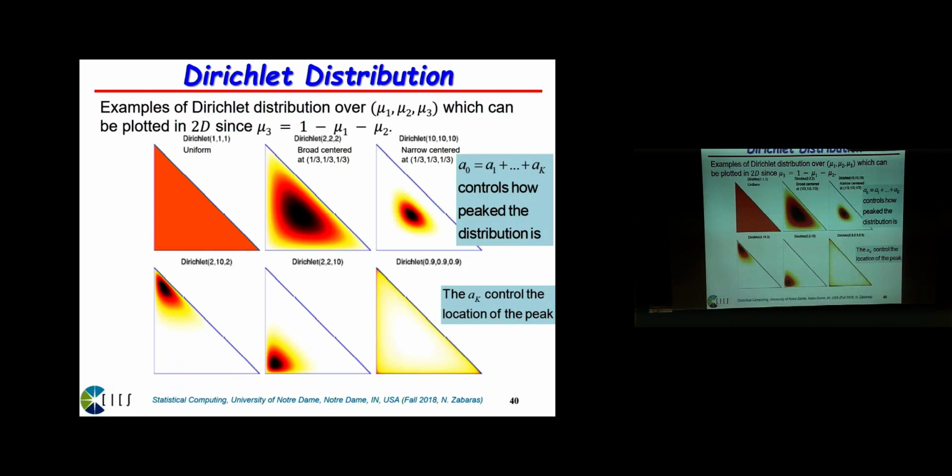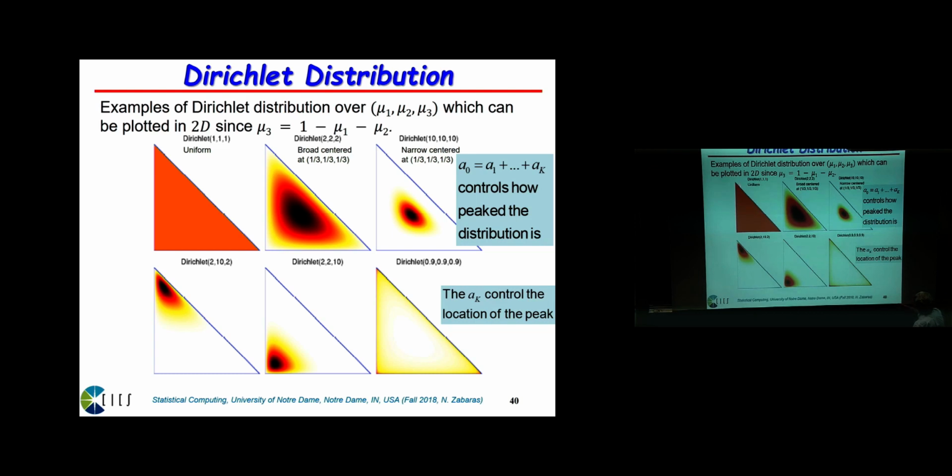All right. I want to give you now plots, because obviously if you're going to use this as a prior, you may ask, what parameters do I put? I have lots of parameters there, these alphas. What do they mean? Are they of any use? So I'm going to do this in 3 dimensions only. And in 3 dimensions, you only have 2 independent variables, mu1 and mu2, so we have really a triangle to plot this.